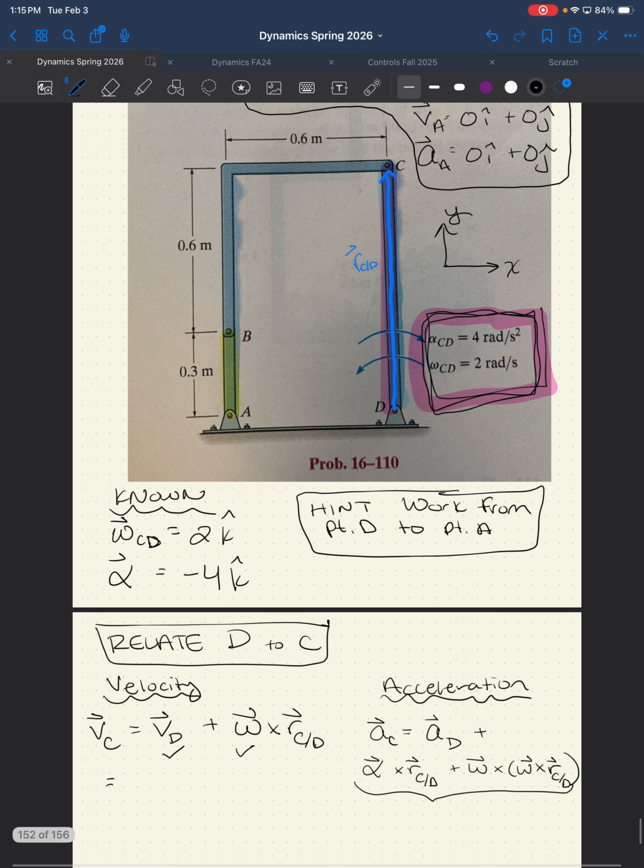I'm going to take omega cross, what is omega cross R? We already found it. That should be this, right? Yeah? I'm just going to save myself a cross product. I don't need to recalculate what omega cross R is.